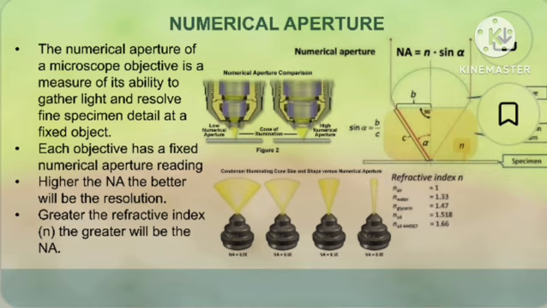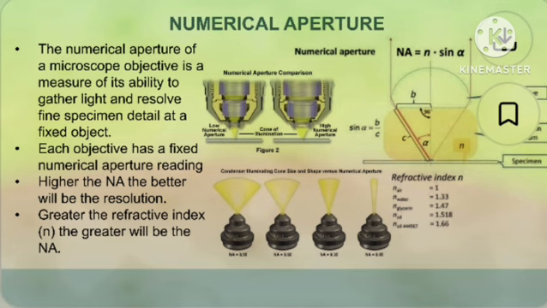The higher the numerical aperture, the better the resolution. The greater the refractive index, the greater the numerical aperture. You see the picture on the right side, showing the refractive index, and the formula is also used for numerical aperture.